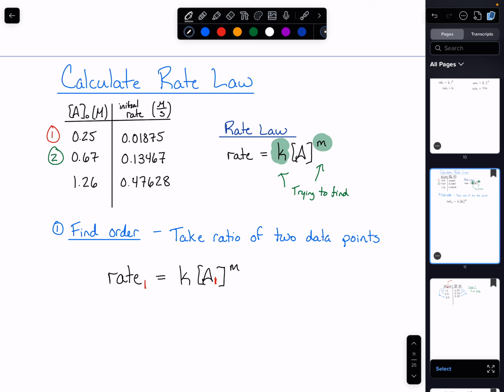All right, but again, we can't get away with just one. So what we're going to do is take the ratio of two data points. I'm going to divide by my second data point, the rate at data point 2. And divide the other side as well. K times the concentration of A at data point 2. Raised to the power of M.